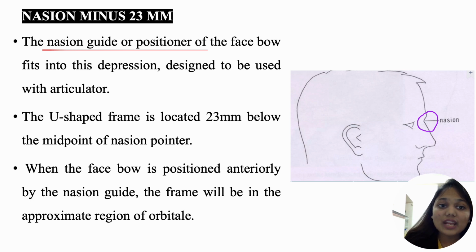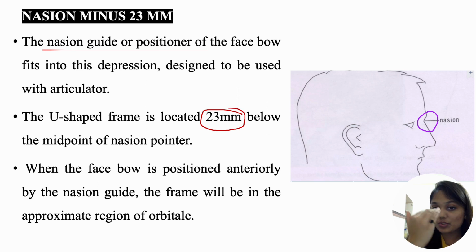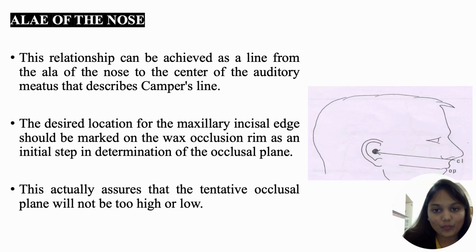The U-shaped frame is located 23 mm below the midpoint of the nasion pointer. When the face bow is positioned anteriorly by the nasion guide, the frame will be seen in the approximate region of the orbitale. So we have seen orbitale minus, nasion minus 23 mm, and the last is the ala of the nose.